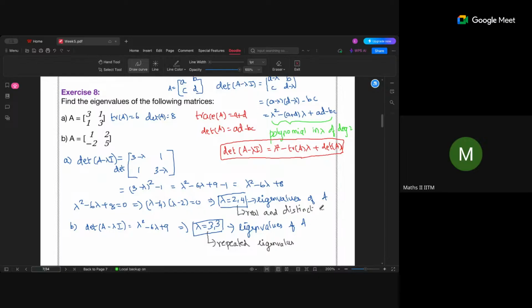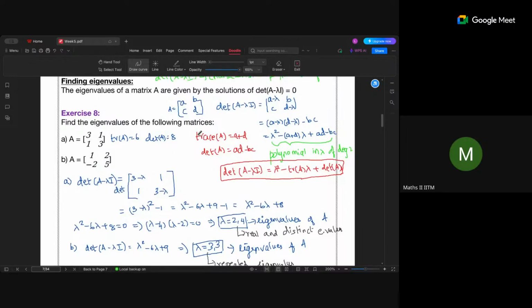These are real and distinct eigenvalues, and these are repeated eigenvalues. Okay. Is that clear? Just the naming terminologies I have mentioned. So what are eigenvalues, how to find eigenvalues, and how are we classifying the eigenvalues? Is everything clear? Yes, ma'am, clear.